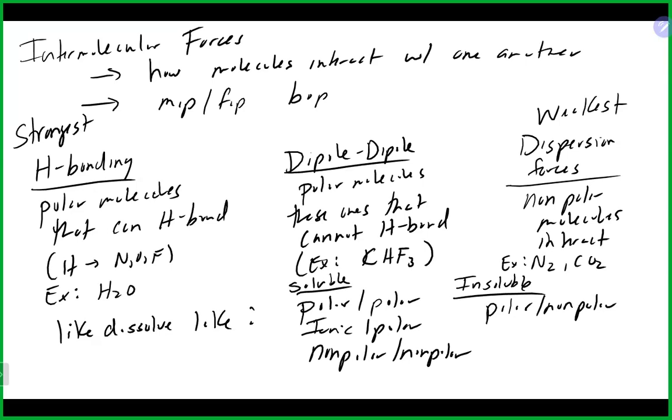Now, when we talk about melting points and boiling points, things that have the ability to hydrogen bond with itself will have high melting points and boiling points. And that is because, like water, for example, when it hydrogen bonds with itself, it's going to take a lot more energy to break apart water molecule from water molecule because it's a relatively strong force.